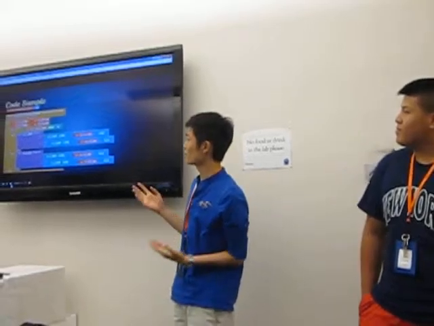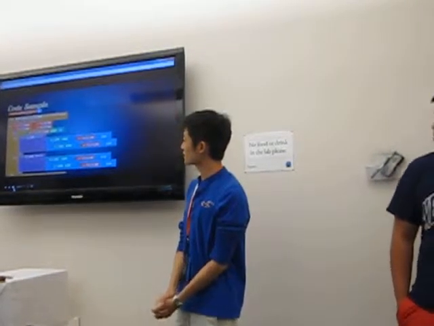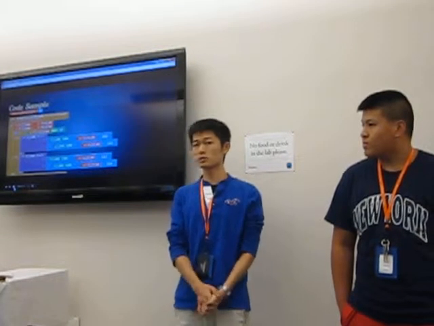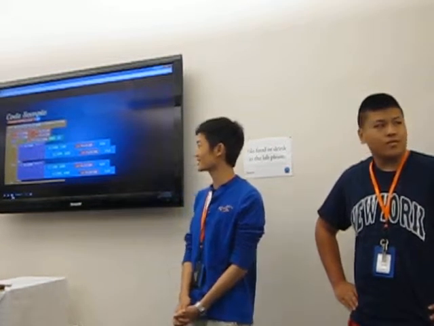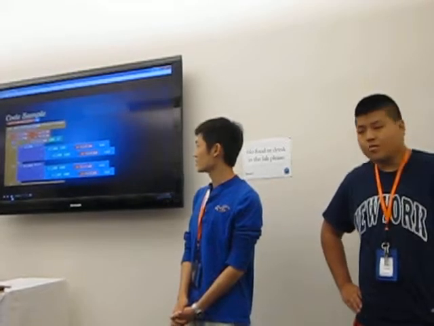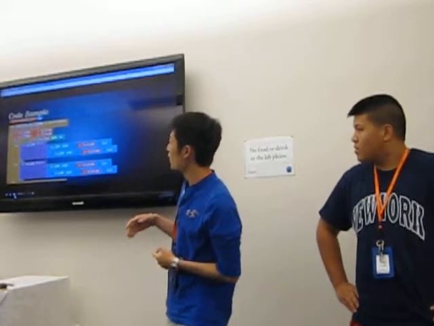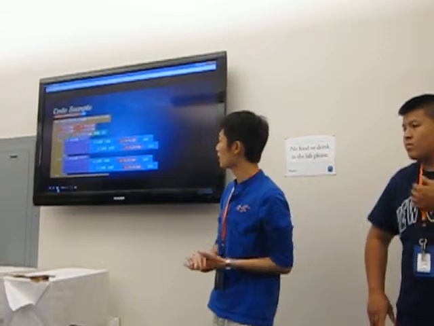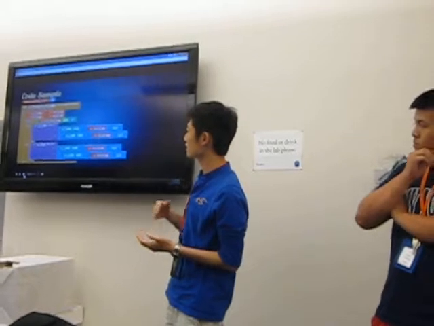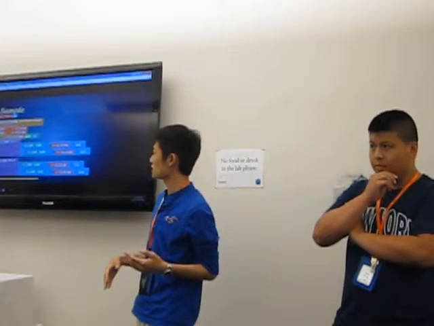And so here's a sample of our code. This is the code for how we got the ball to move based on the phone tilt. Instead of using the orientation sensor, because we didn't know that was available to us, we actually used the accelerometer. As you can see, when the accelerometer is changed, meaning when the phone is tilted, it will set the global x and the global y to the x and y acceleration.